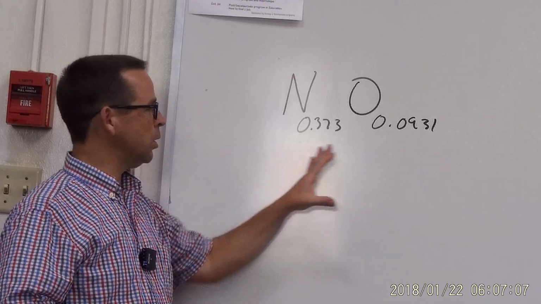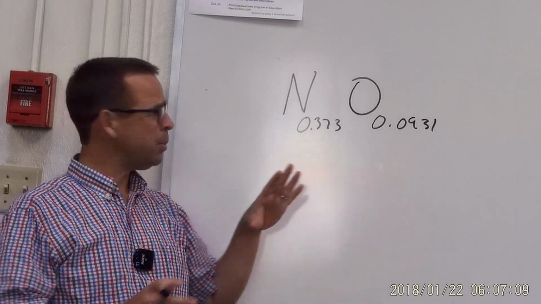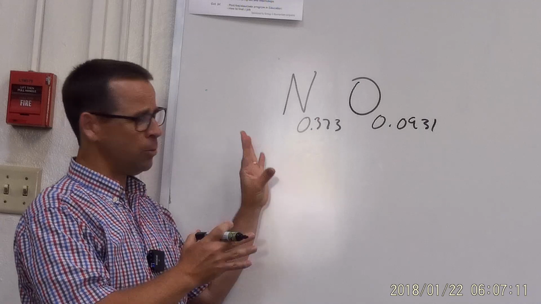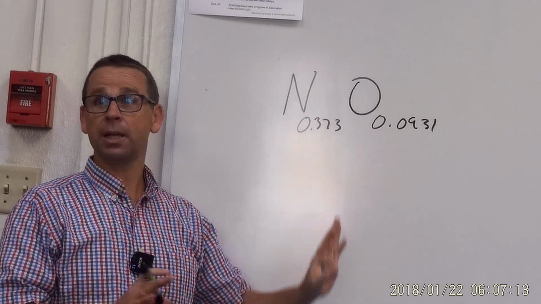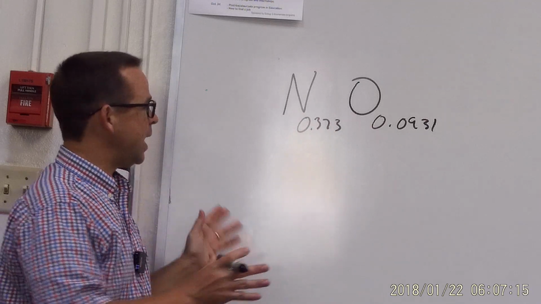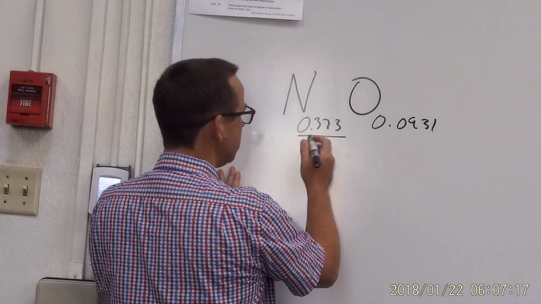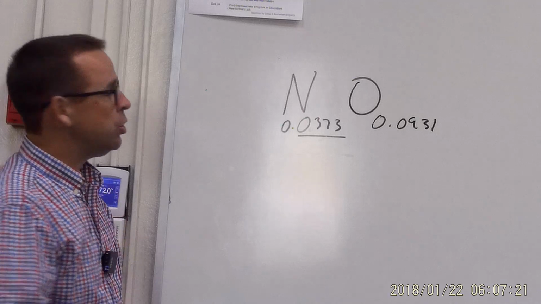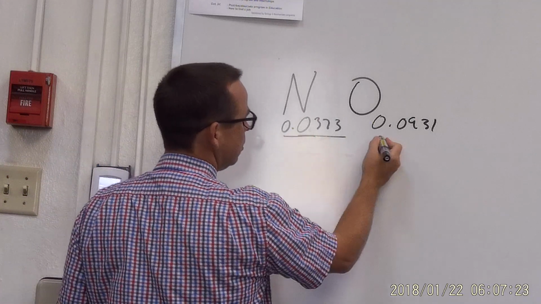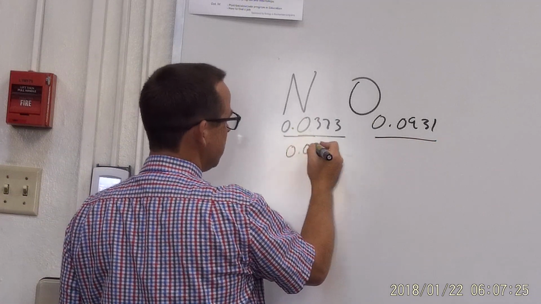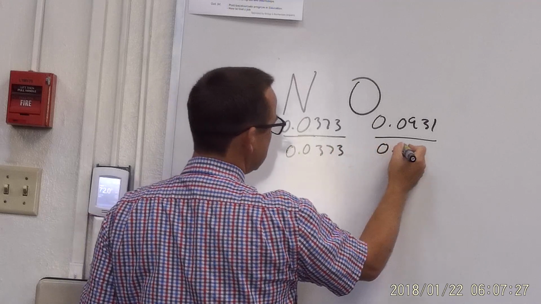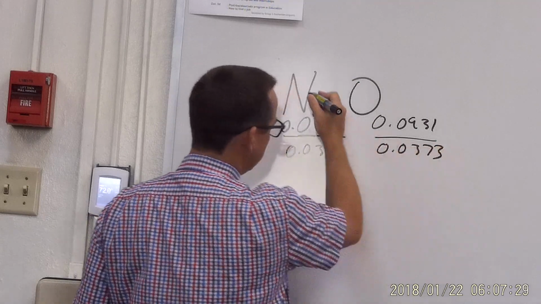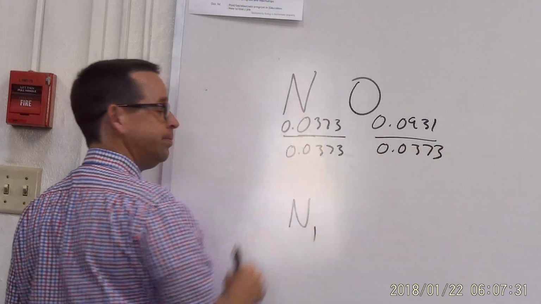How can we get these into whole numbers? You might be able to see, oh yeah, it's 1 to 7 or 2 to 3 or something like that already. But if you can't see it, one thing you can do is divide both of them by the lowest number. Because what that does is it'll force this one to 1, right?